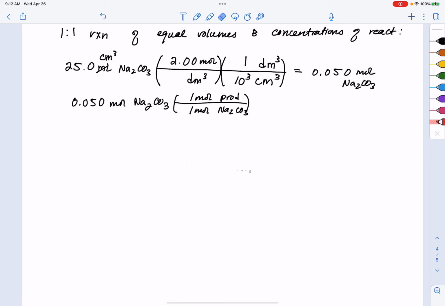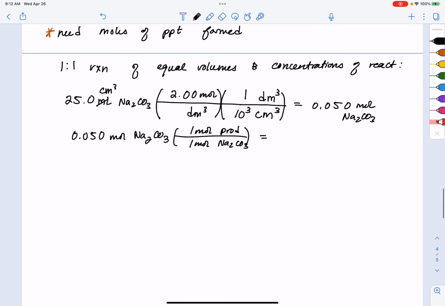I do not need to do this calculation again for my magnesium nitrate because, again, this reaction is all 1:1 and I've got equal volumes and concentrations, meaning I have the same number of moles of each, so neither is limiting. So this makes 0.050 moles of my magnesium carbonate product.